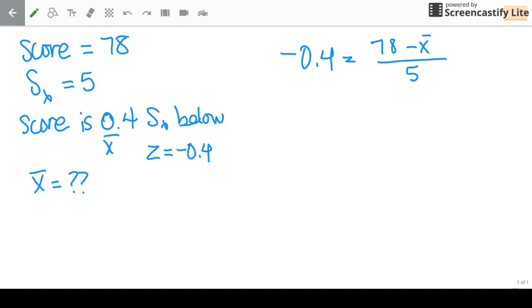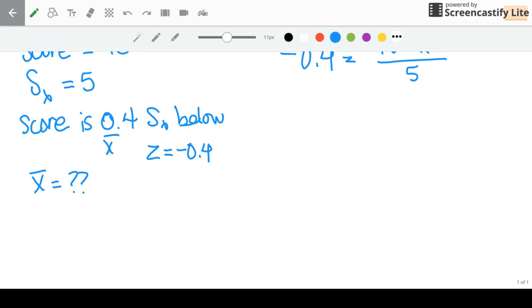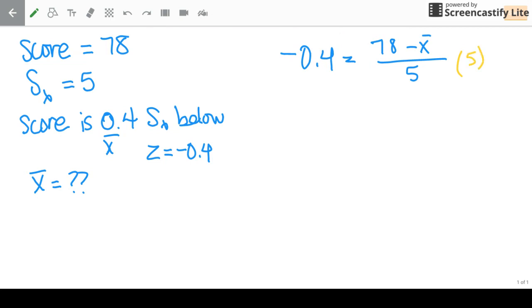And now we just solve like we did the last one, except this time we're looking for the mean. While we've been looking for x most of the time, we can use this formula to solve for one of the other values.